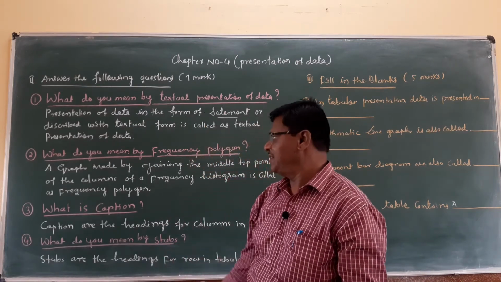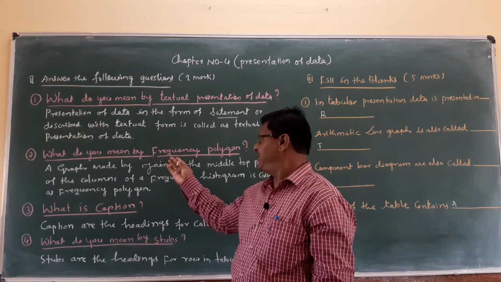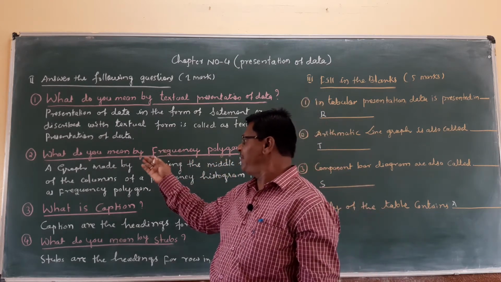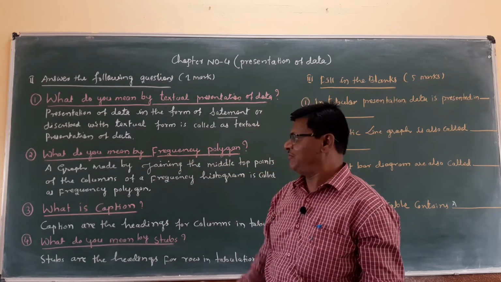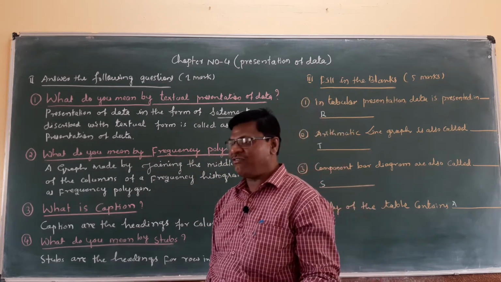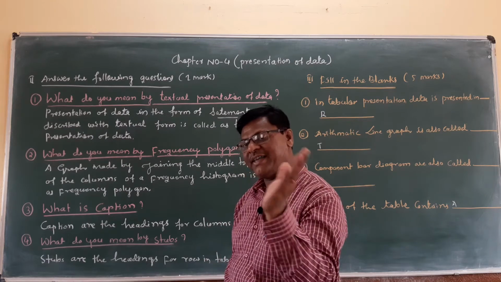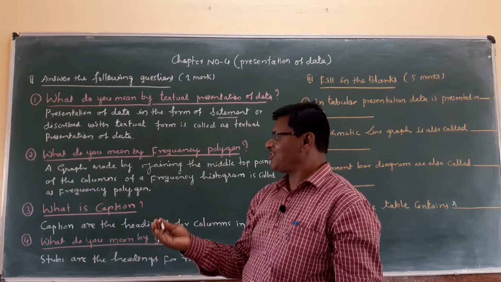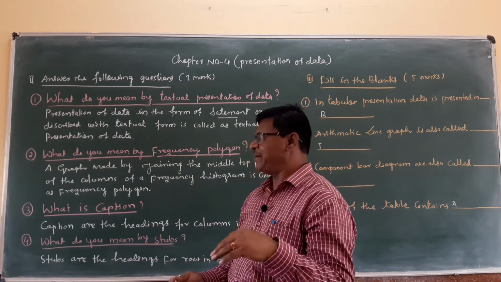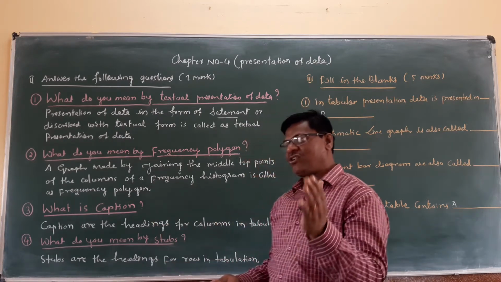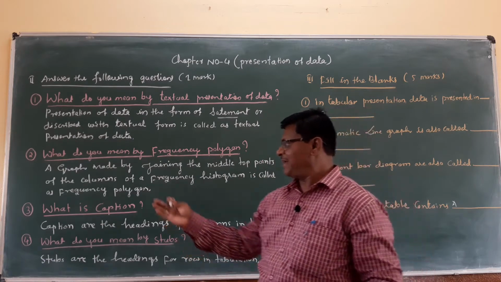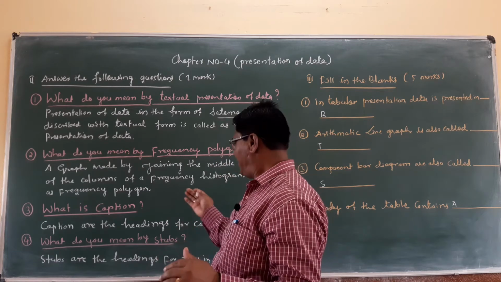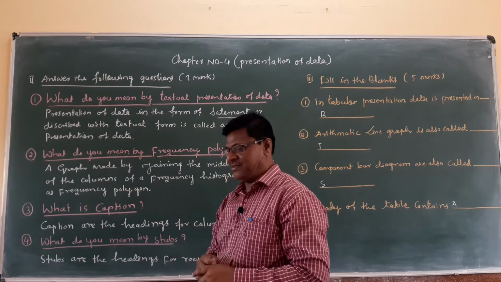Keep remembering this: a graph made by joining the middle top points of the columns of a frequency histogram is called the frequency polygon.